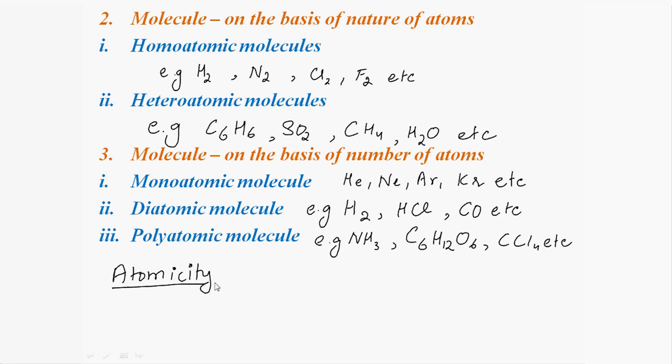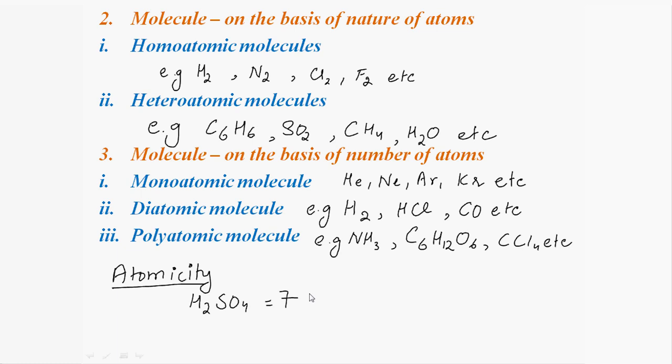For example, अगर हम बात करें sulfuric acid की, H2SO4. What is the atomicity of sulfuric acid? We can see that it has 2 hydrogen atoms, 1 sulfur atom and 4 oxygen atoms. 2 plus 1 plus 4, that is 7. So the atomicity of sulfuric acid is 7.